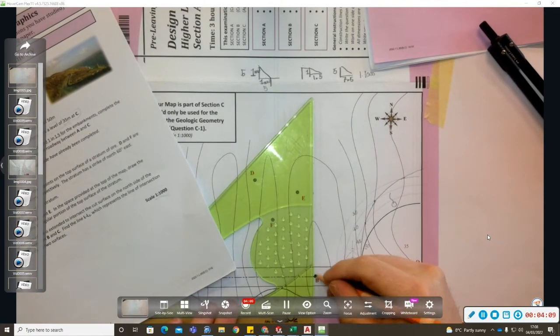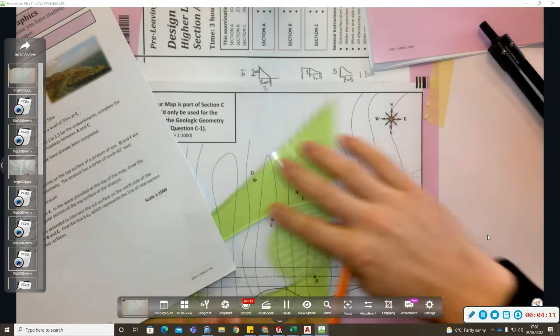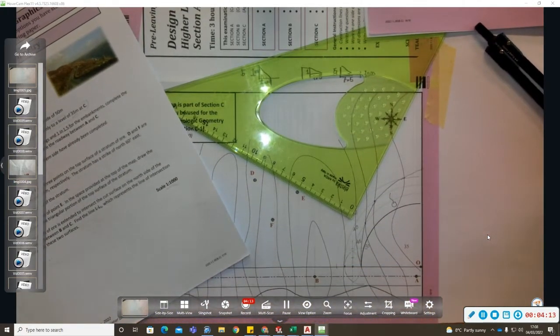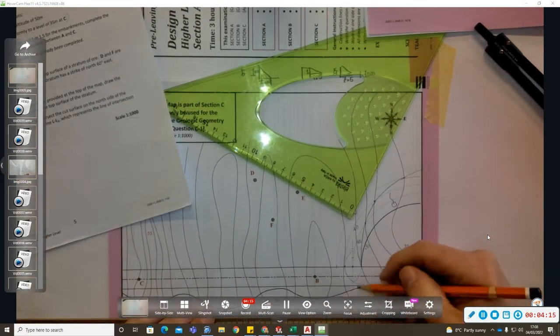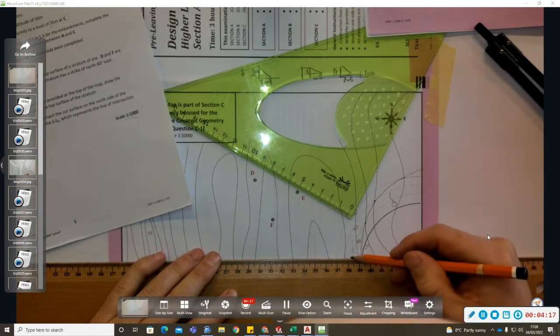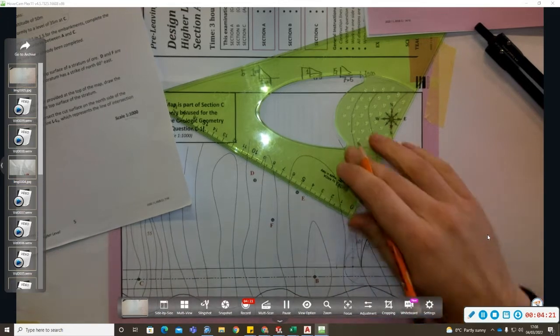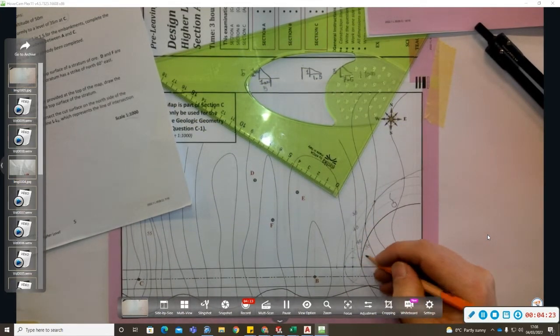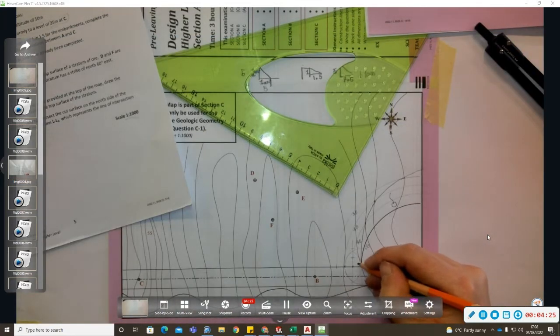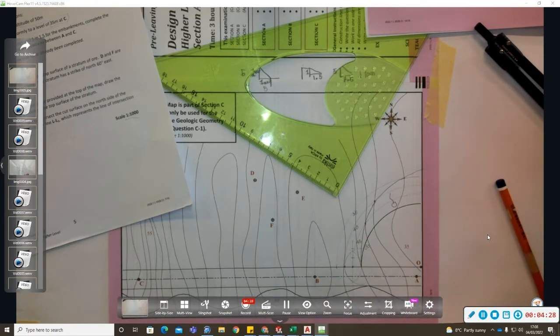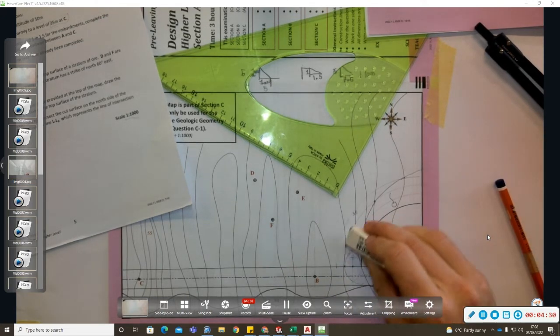Right, so I'm going to do that now. 55 there. Well, that wasn't even needed, a waste of my time, as there's going to be absolutely no embankment there, because it's a cut. So I'm just going to get rid of that.